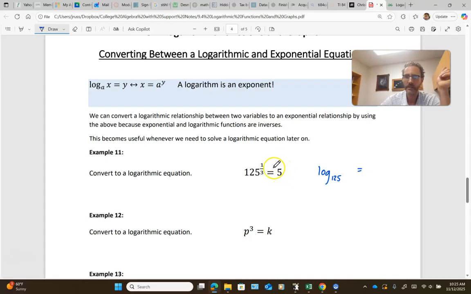And then I just think that, well, the logarithm is an exponent, so the exponent is 1/3, so that's what this logarithm has to equal, and so the argument has to have been 5, okay? And if you recall, anytime the argument of your logarithm is smaller than the base of your logarithm, then you're going to get a fraction, okay?